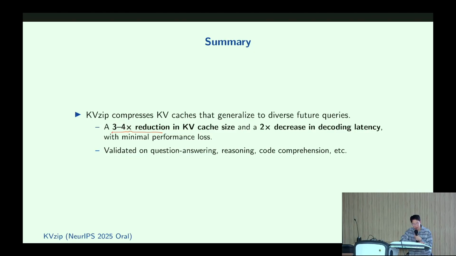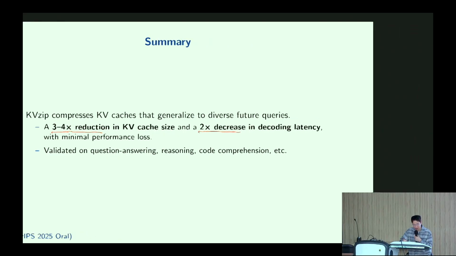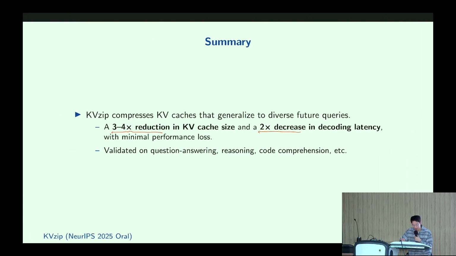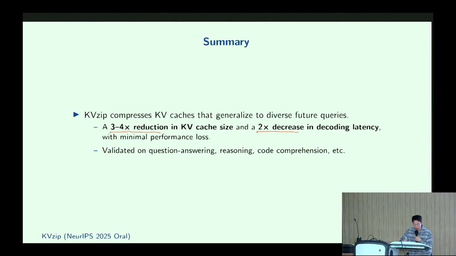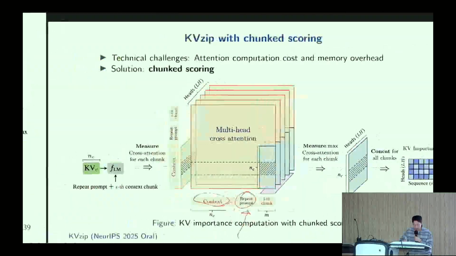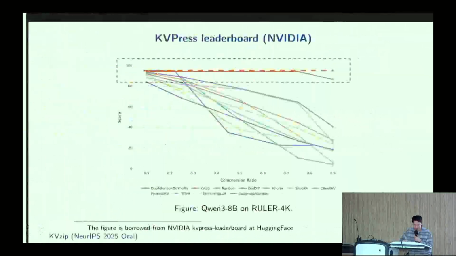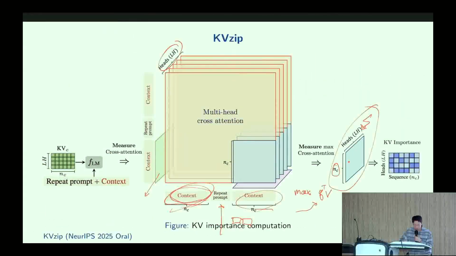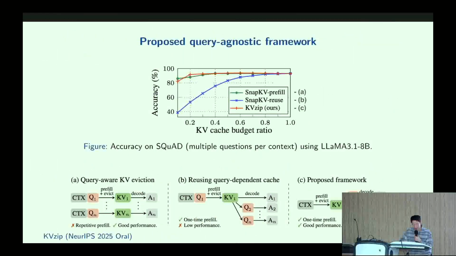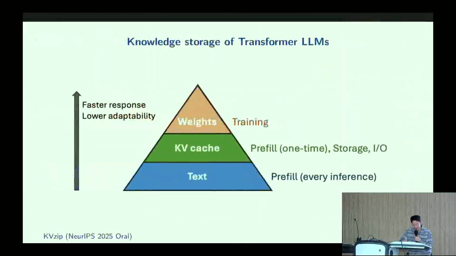That gives us about 3 to 4x reduction in KV cache size and about 2x decrease in decoding latency with minimal performance loss. It's validated on many different tasks like question answering, reasoning, code compression, and yeah, unfortunately, I don't have much time to go into much detail here.